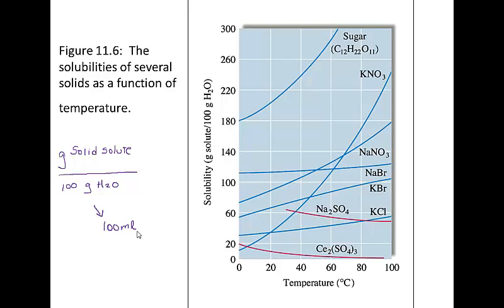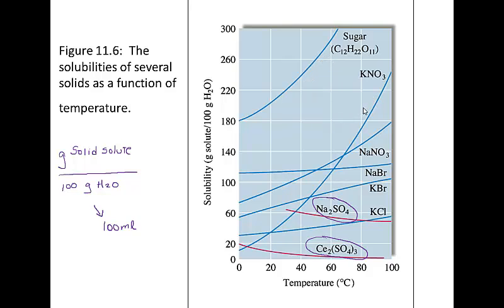Only 2 of them are depicted as not, and that is the sodium sulfate and the cerium sulfate. They actually go down in solubility with an increase in temperature, but the others go up. Notice sugar goes up substantially. Look at the potassium nitrate.